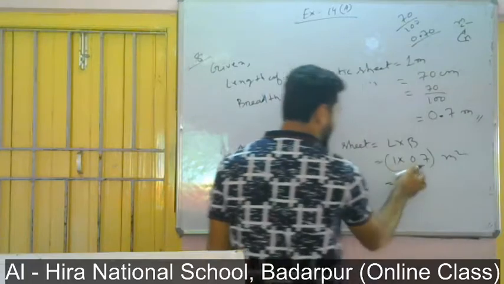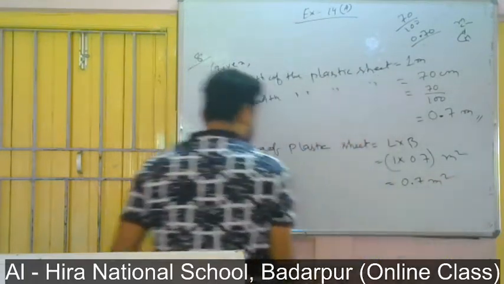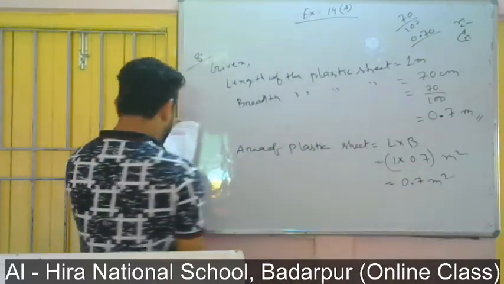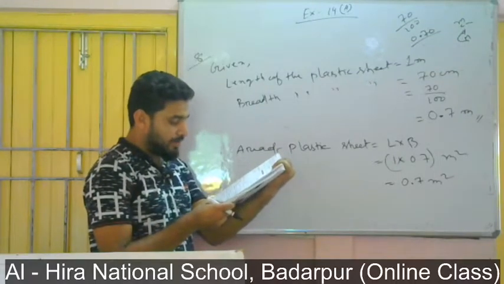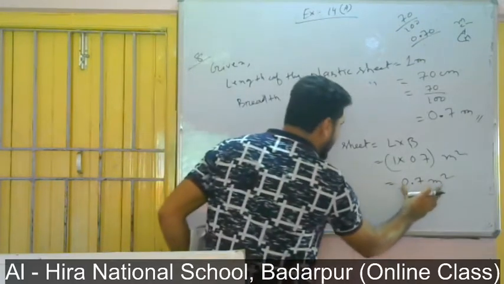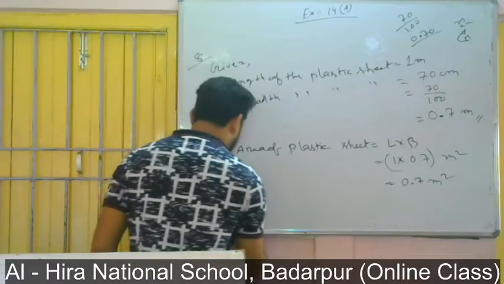If I multiply by 1, again it will come 0.7 meter square. This is the total area. And find its cost at the rate of 80 rupees per square meter. If I multiply the total area with the cost, then we will get the answer.